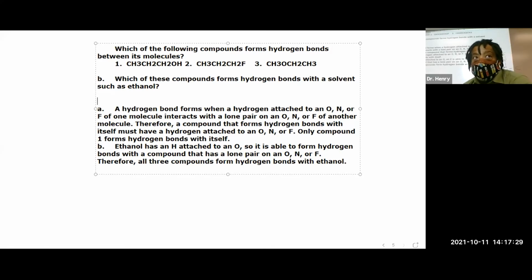With the others? So would it be partially soluble? It would be soluble. It would be soluble, yes.